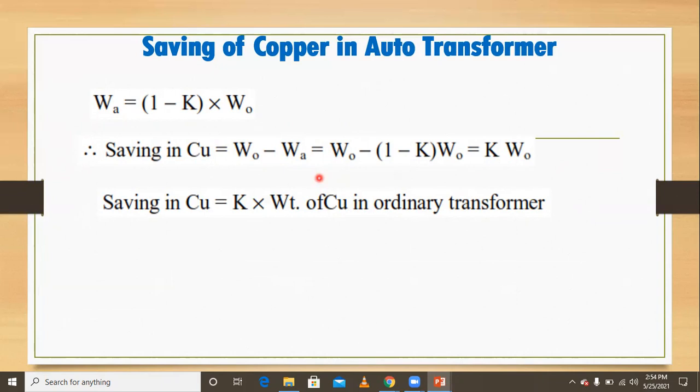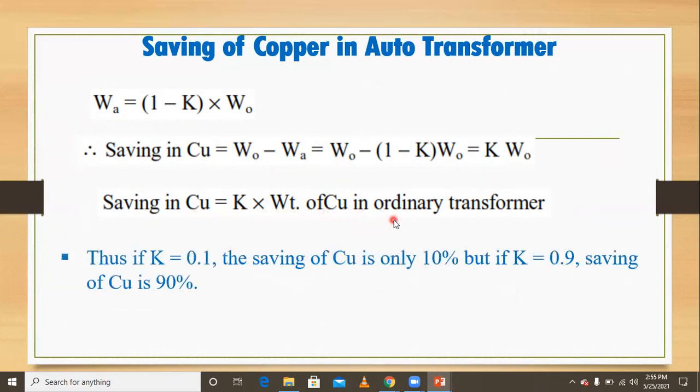Understood? The saving of copper is K times the weight of copper in the ordinary transformer.